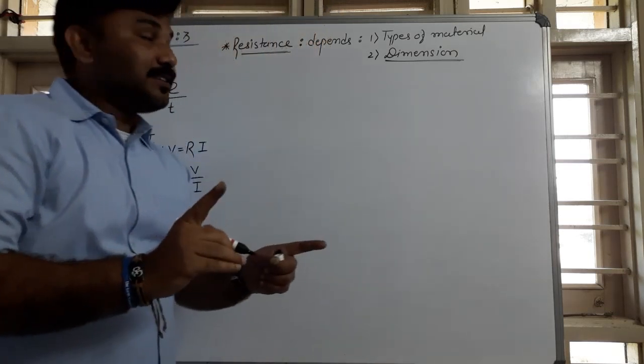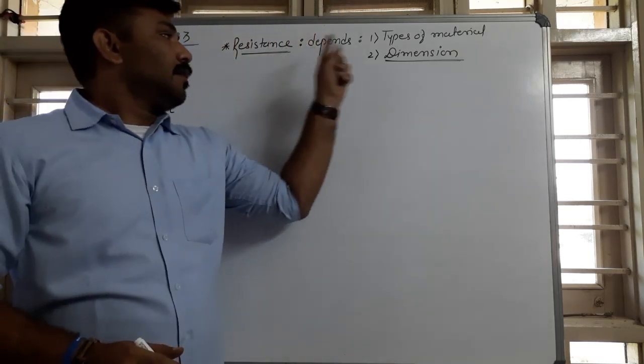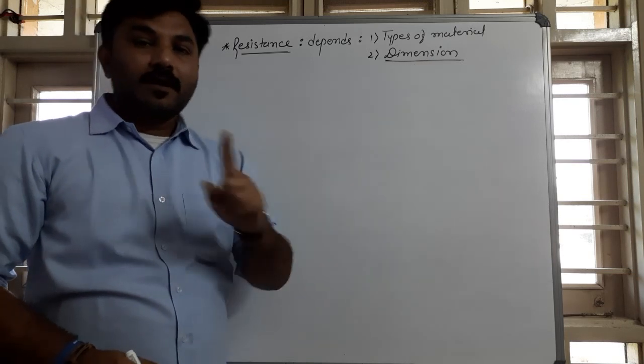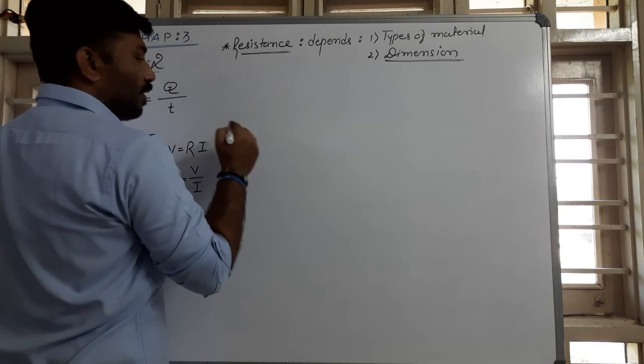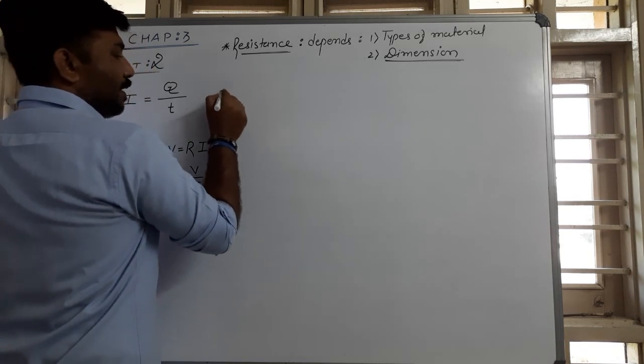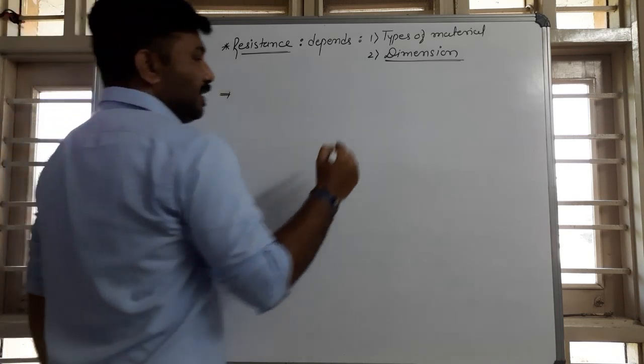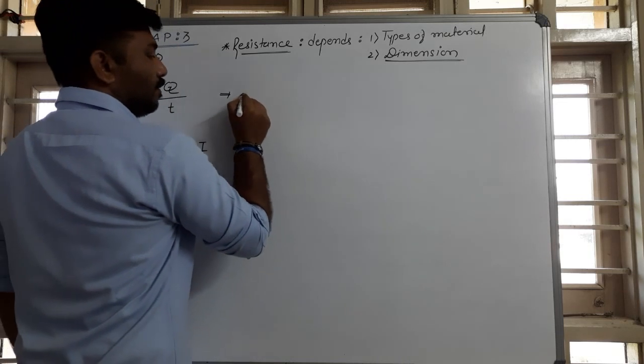How? The resistance of a conductor depends upon dimension. Suppose, for our convenience, this is a conductor.